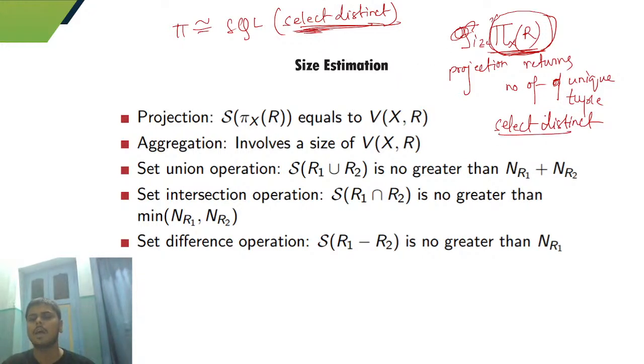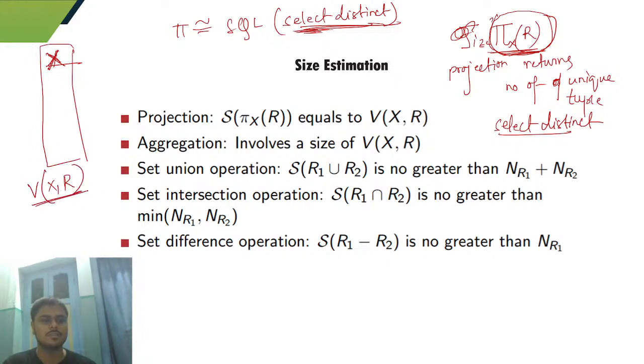So if you are applying the pi, you are going to have the distinct number of values of the attributes you are doing the pi upon. If you are doing the projection on this x, you are going to get the distinct number of x you are having. Okay, so this is nothing but V of x.